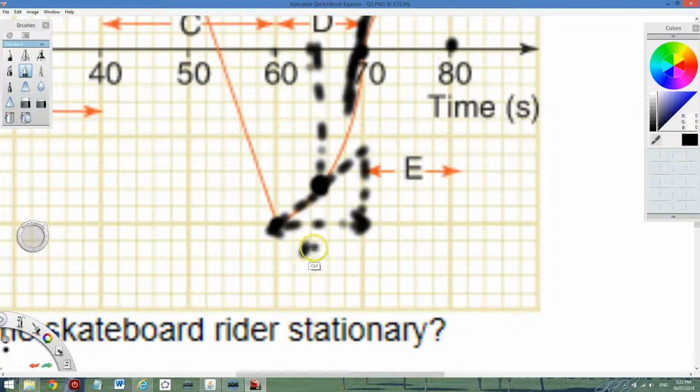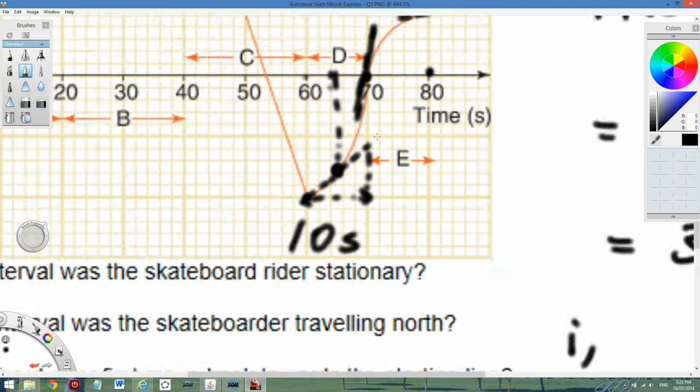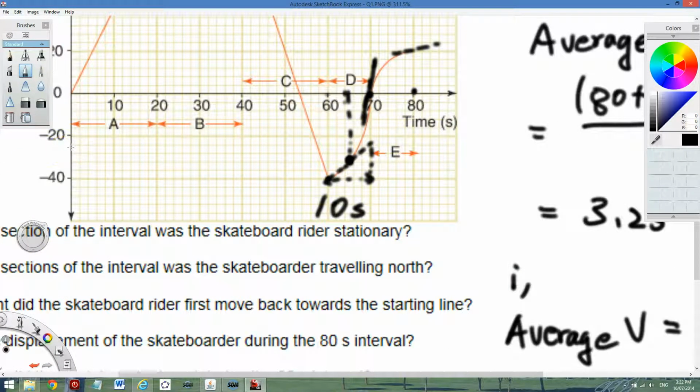The vertical, if we have a look, that's 1, 2, 3, 4, 5. The vertical will be 16 meters. So the horizontal part is 10 seconds, the vertical part is 16 meters.